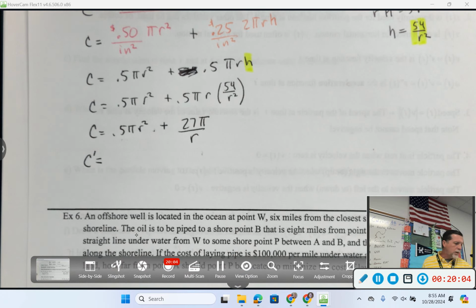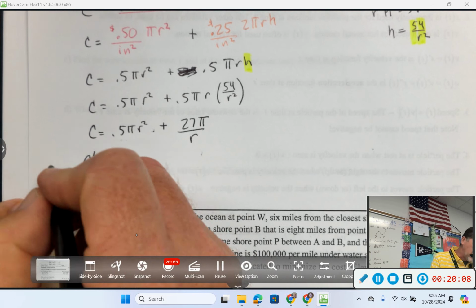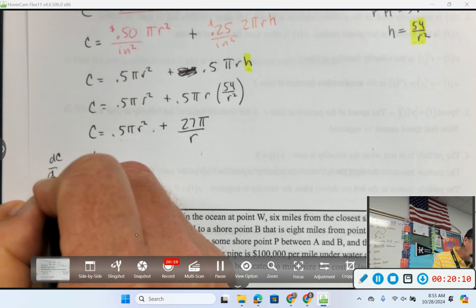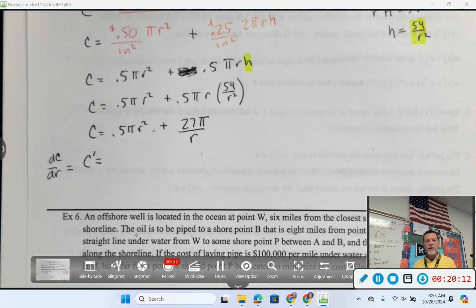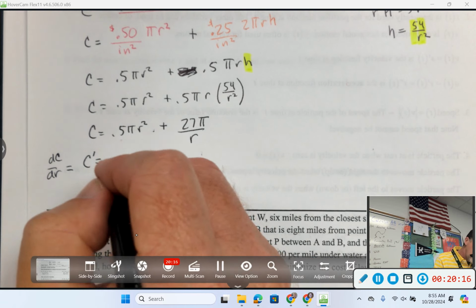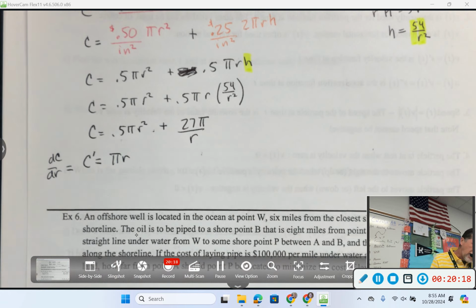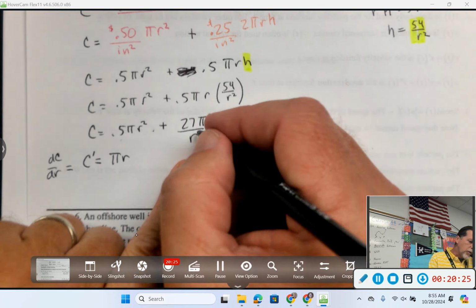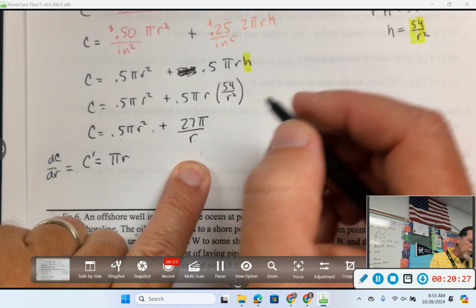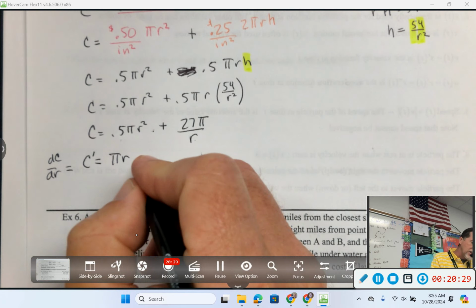Okay, so C prime. Or if we really wanted to be fancy about it, it's dC dr, the derivative of C with respect to r. So pi r, that's the first one. That's an easy one. Remember that 27 over r, or r in the bottom, is the same thing as r to the negative 1.